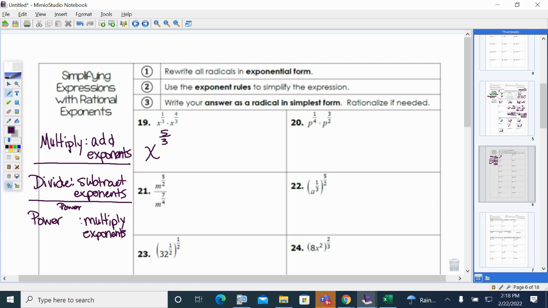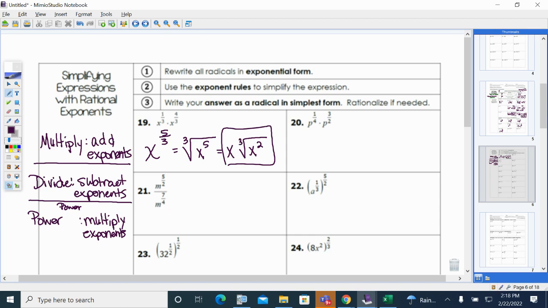And then I want you to rewrite that in radical form. So this is going to be the cube root of x to the 5th power, which will simplify. 3 of the 5 will come out, because 3 divided by 3 is 1. And then that leaves me with 2 of those 5 left inside. So there's the answer on number 19.